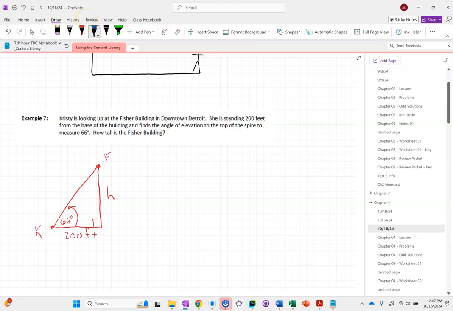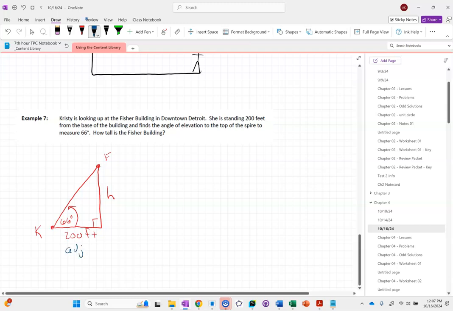So relative to that 66 degree angle, what is the 200-foot side? Opposite, adjacent, or hypotenuse? Adjacent. How about the H side? Opposite. So which trig function should I be using? Tangent. So I'll say tan 66 equals opposite over adjacent.